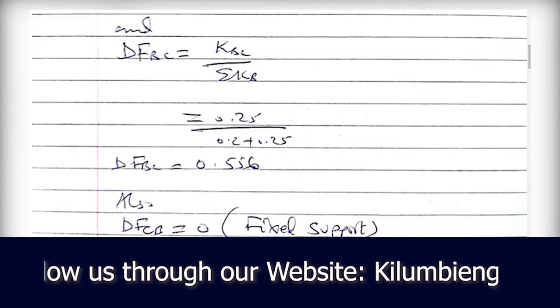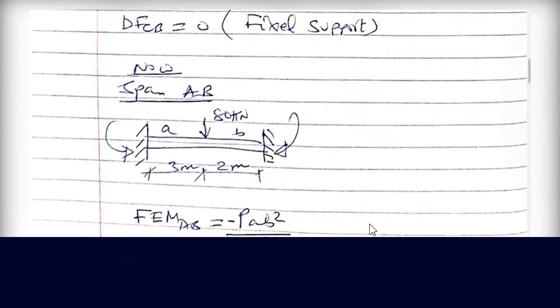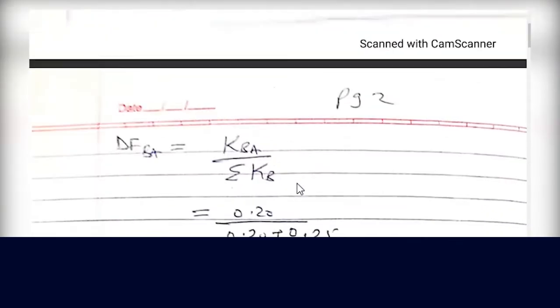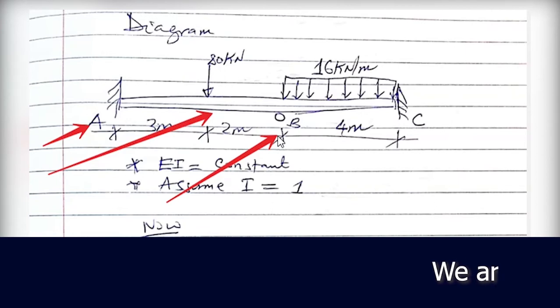Now as we proceed, you can start with the support of the member AB. Now the member AB is the left one, which is this one. We consider this support from A to B. So we fix this point, as you see.